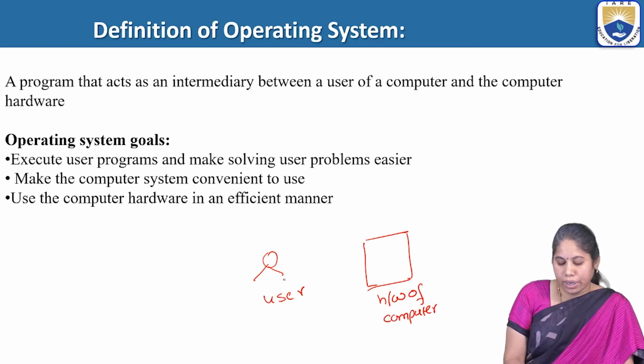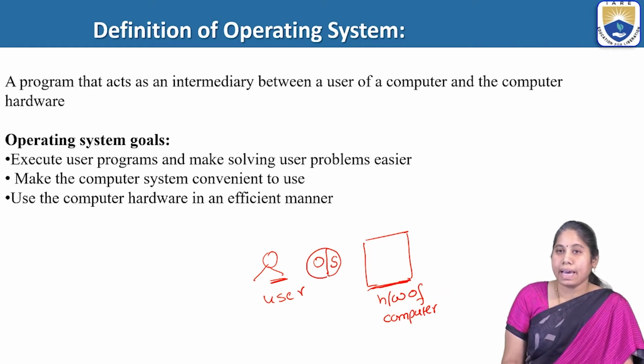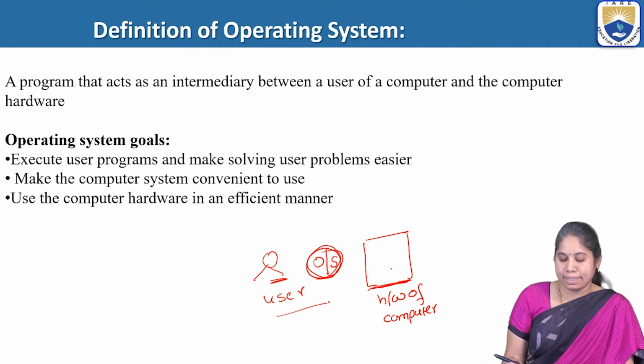Now this operating system acts as an intermediary between the user and the hardware of the computer. In other words, it acts like a translator also, because it allows the programmer to use the system. So this is the operating system.